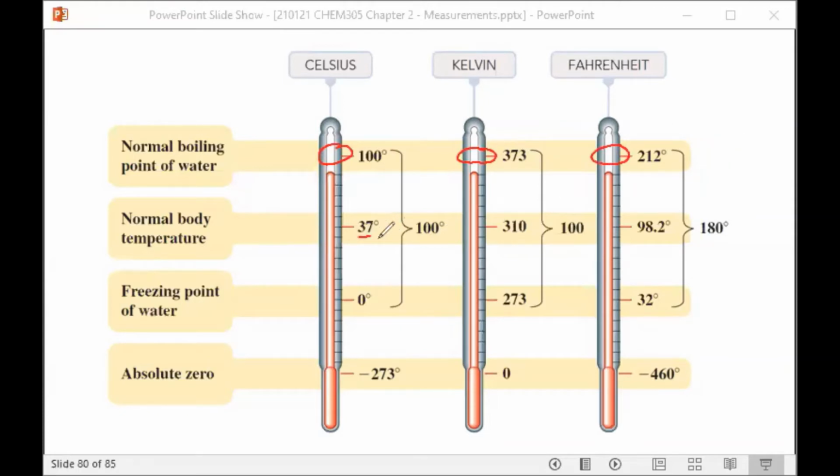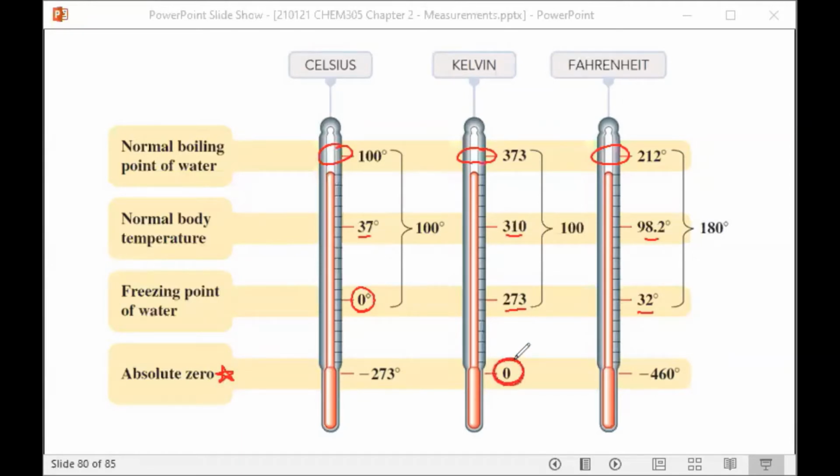Body temperature is about 37 Celsius, 310 Kelvin, and 98.2 Fahrenheit. The freezing point of water on the Celsius scale is 0. It's 273 Kelvin, and 32 degrees Fahrenheit on the Fahrenheit scale. And then way down here at the bottom is what we call absolute zero.